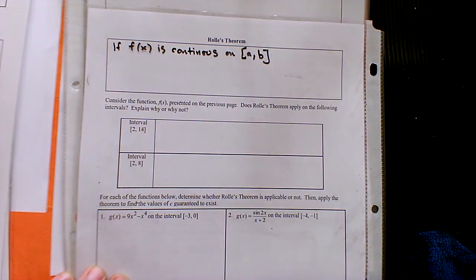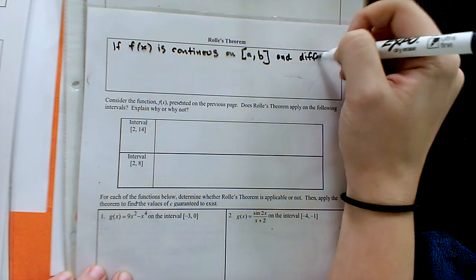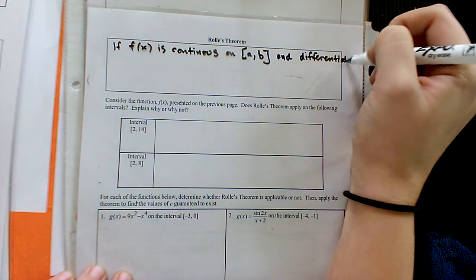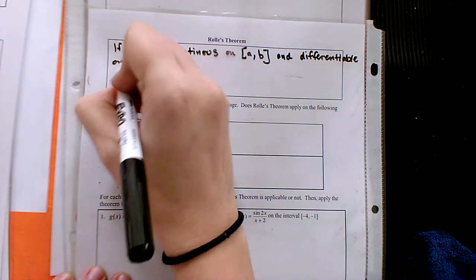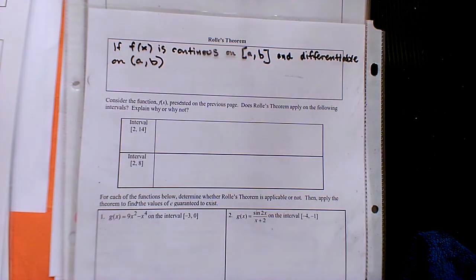So I'm going to use brackets that mean closed interval. And it's differentiable on the open interval. I'm going to use parentheses for open, meaning you cannot count those.